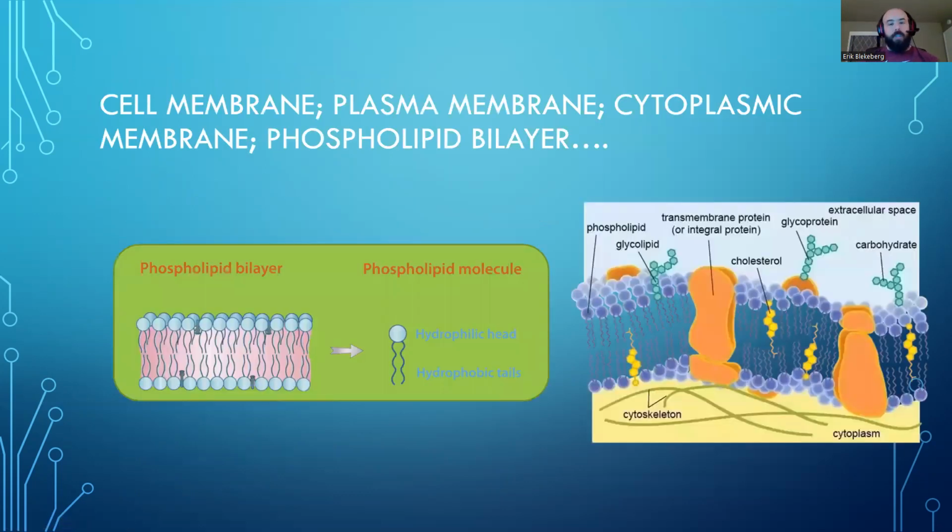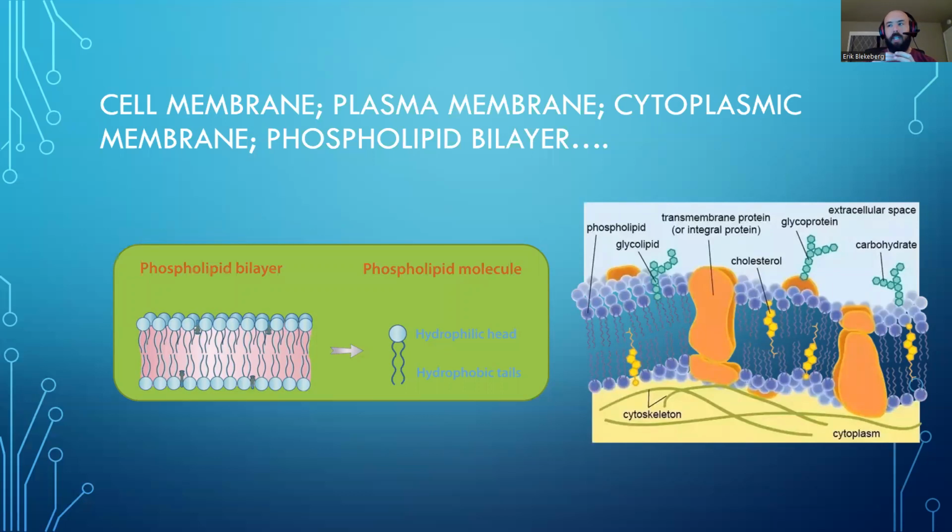One of the other major differences with bacterial cells is how the membrane is structured. Well, not the membrane itself, but that there's extra on top of the membrane. In a eukaryote cell, we have this. This is a really great diagram of the phospholipid bilayer.